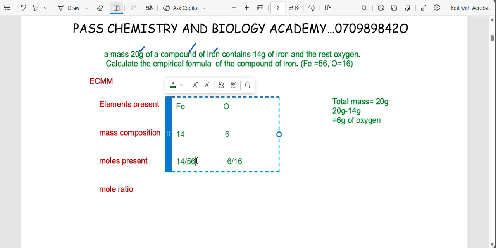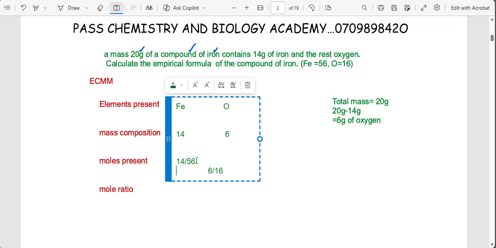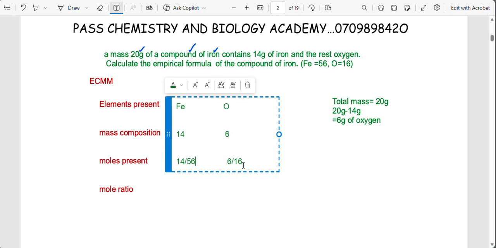So you'll come in the line of iron where you have 14. You divide by its mass number, which is 56. Likewise, in the space of oxygen, where you have 6, you divide by its mass number, which is 16.